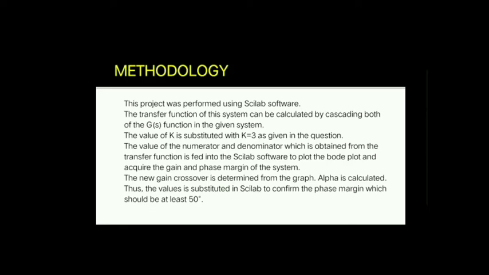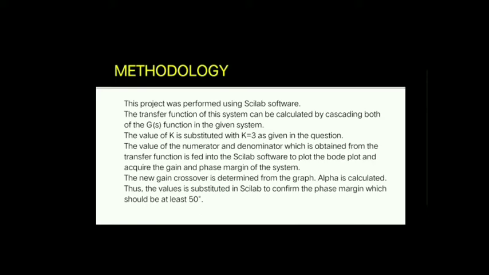Methodology: this project was performed using Scilab software. The transfer function of this system can be calculated by cascading both of the G(s) functions in the given system. The value of K is substituted with K equals 3 as given in the question.